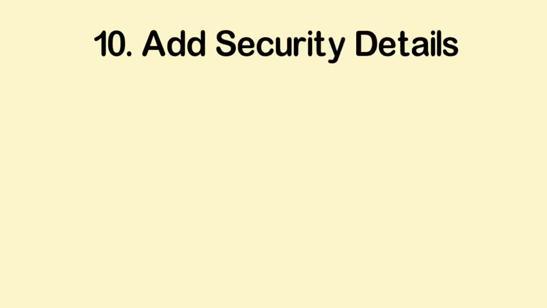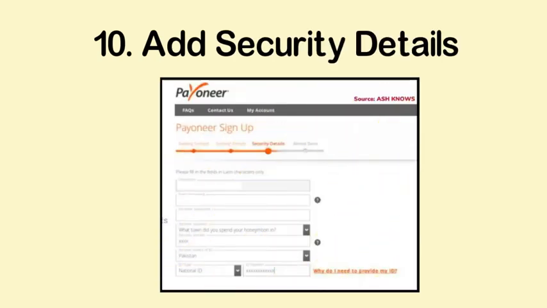Step 10. Add security details. In this section, add your security details like your username, a strong password, and a security question. Here you will also be asked for your government issued ID card or passport or driving license to verify your identity. So once you have entered all the details, click Next.